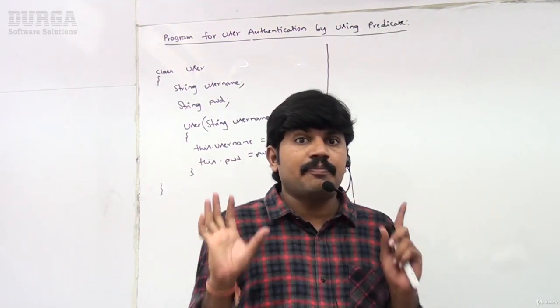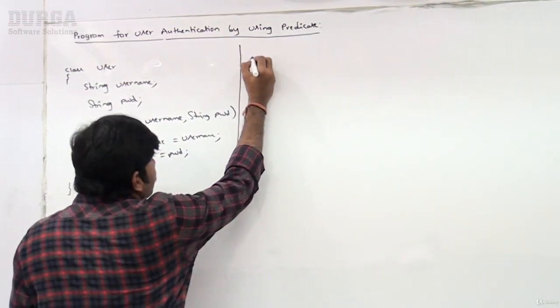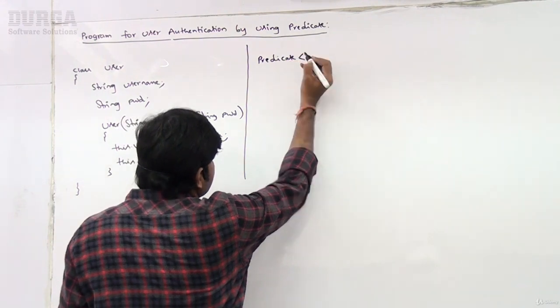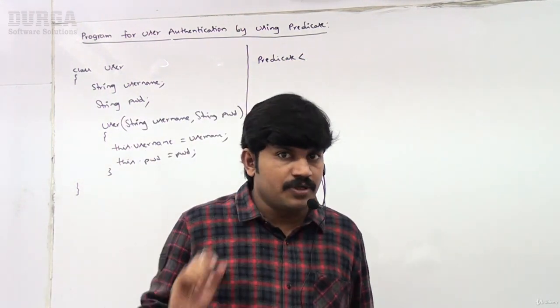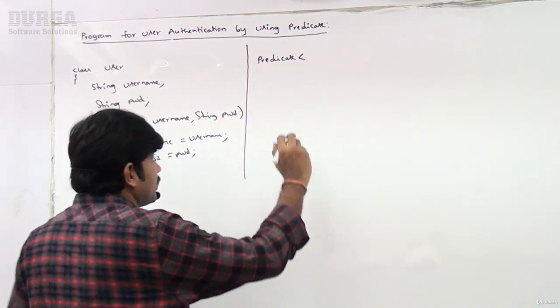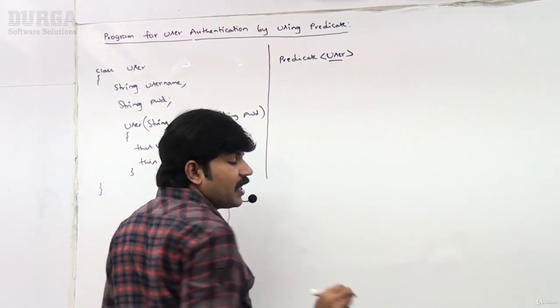Okay, authentication predicate, I want to do that. Observe a bit carefully. This predicate will take user as the argument type. What is the input type, sir? User object as the argument type. That's why this predicate accepts input type as user.